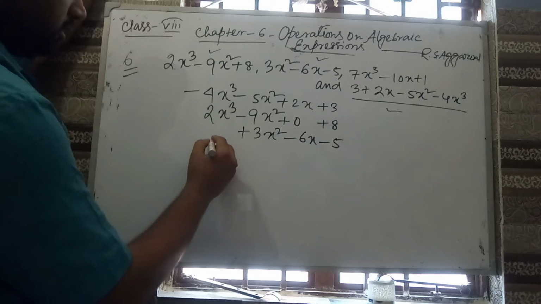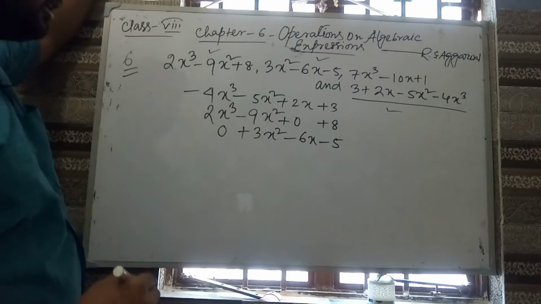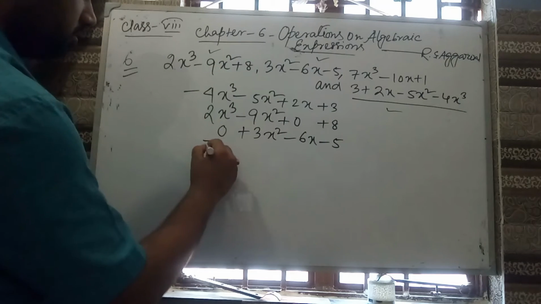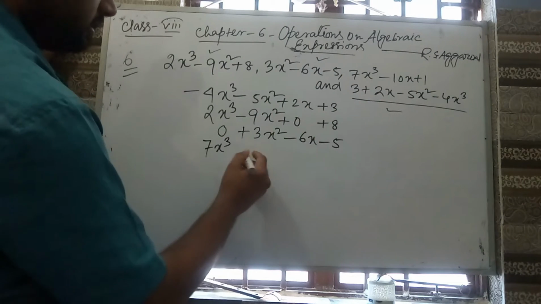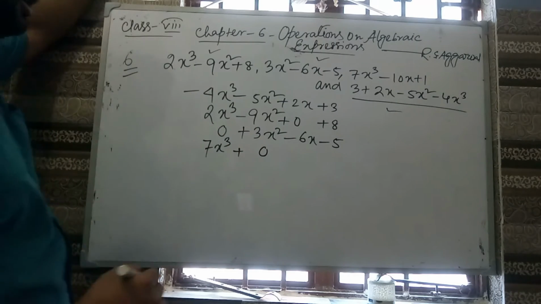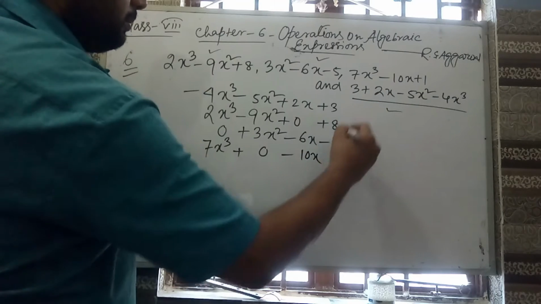And for this third one, we do not have any x square related term, so put a 0 over here. Next one, minus 10x, then plus 1.